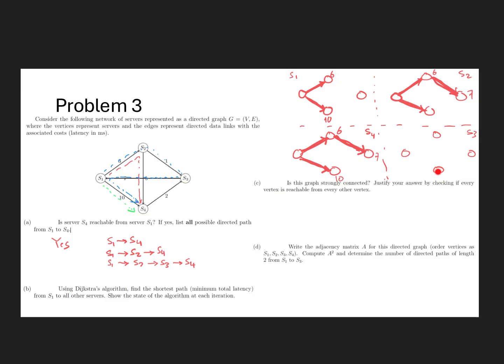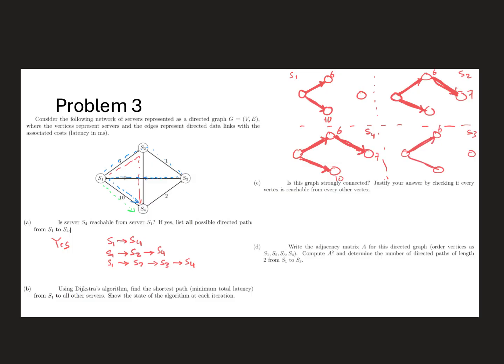So this stays as 10, right? So after that, we will see that the shortest path here is this guy. So stays the same, right? And give me a cost of 6.